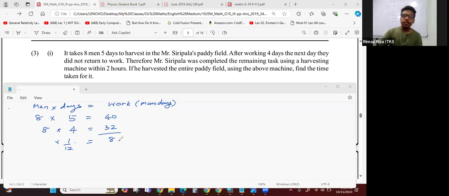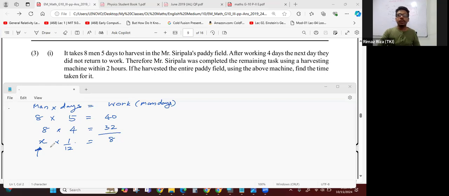So here, let's say this x, the machine, is equivalent to how many men? The x is here represented by the machine only doing the work. So this machine can do the work of how many men? That's what we are calculating here.